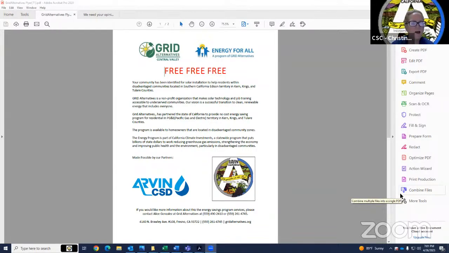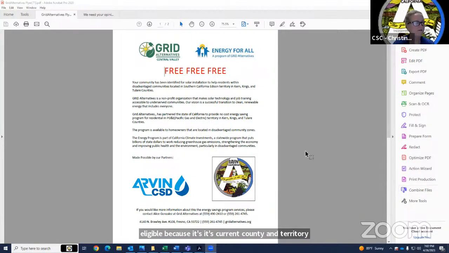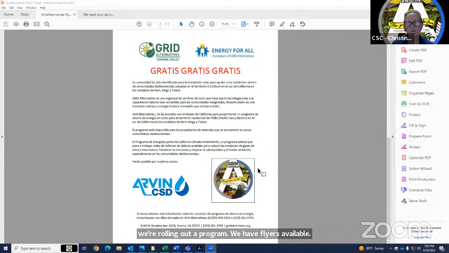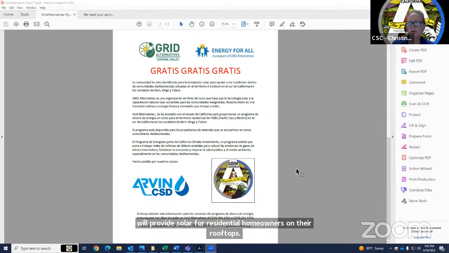The only requirement is that you be residing in a DAC in Kern County. In particular, for Arvin's program, it's Arvin, and I believe that even Lamont people may be eligible because it says it's Kern County and PG&E territory. So we're rolling out a program. We have flyers available in Spanish and English to support this program, and it will provide solar for residential homeowners on their rooftop. So if anybody has any questions, feel free to send me an email. I'm also putting this on social media.